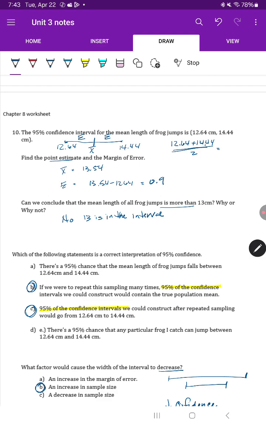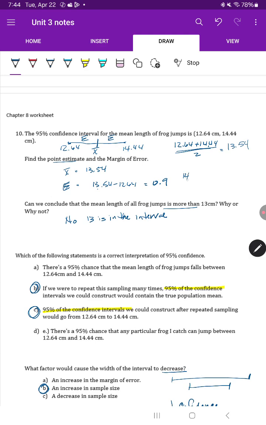So we average those two numbers, divide by 2, and we get 13.54, which is going to be our point estimate. Then to get the error, I take that point estimate and subtract the lower number. If you ever want to be sure, 14.44 minus 13.54 also equals 0.9. Either way, you're going to get the same answer.